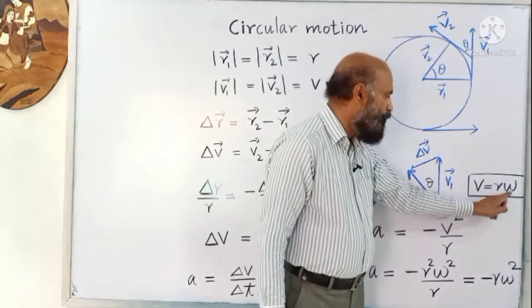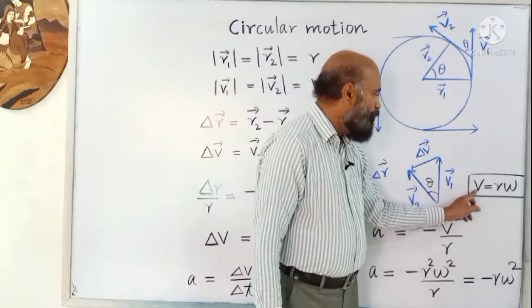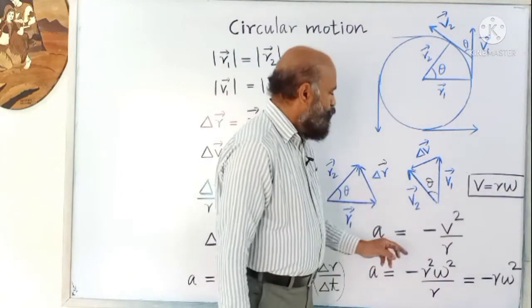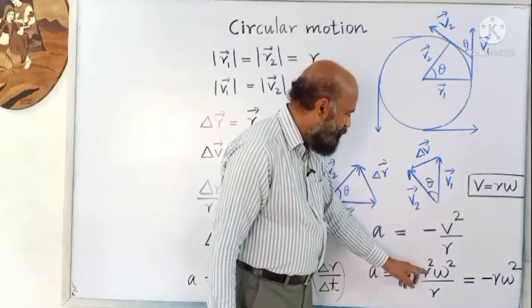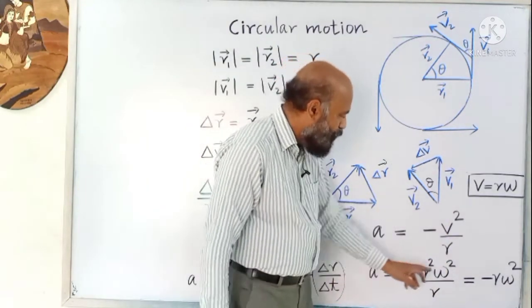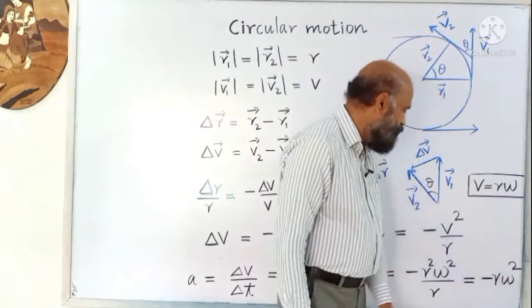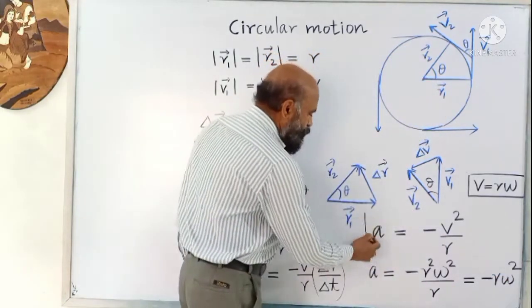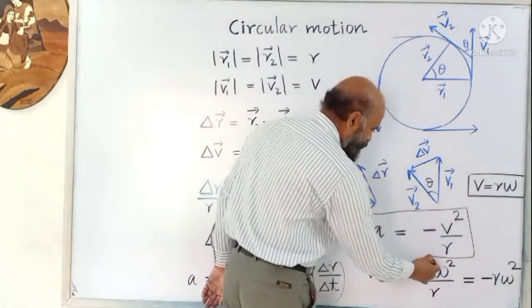This omega is angular velocity, V is the linear velocity, V is equal to R omega. So for this V we can write R omega, so it's square. R will get cancelled, so A is equal to minus R omega square.